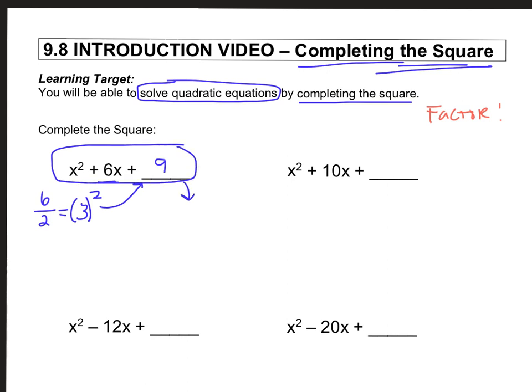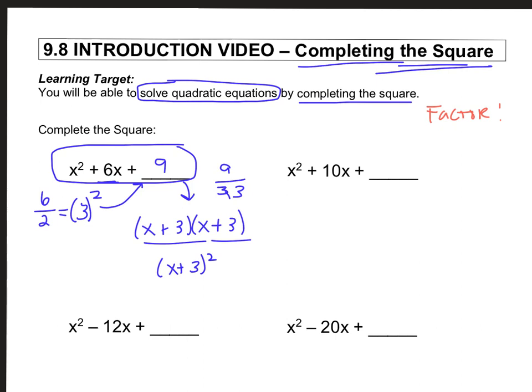Now if you think about factoring this, are there factors of 9 that add up to 6? And our factors of 9 that add up to 6 are 3 and 3. So you would say, all right, well that factors into x plus 3, x plus 3. And then you'd say, oh, look at that, I have the same factors twice, so I can just say x plus 3 squared.